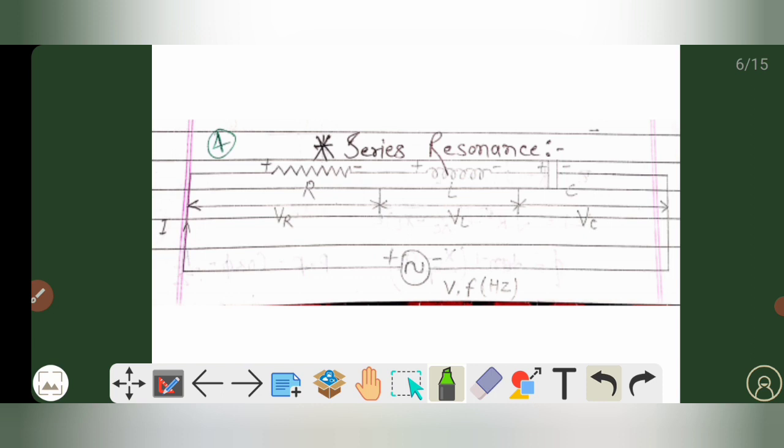Now my dear friends, in series resonance, first of all we will discuss the circuit of series resonance. Let me revise a little bit of what we have discussed previously.